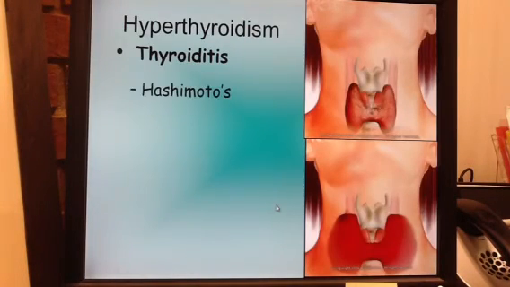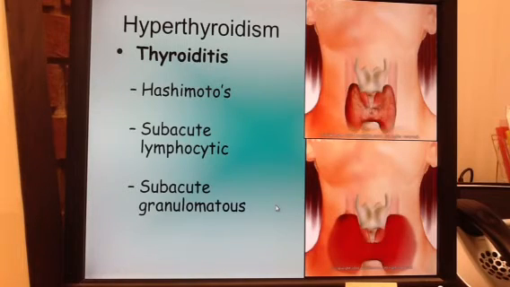Some other causes of hyperthyroidism include thyroiditis. Thyroiditis is any process that causes swelling or inflammation of the thyroid gland. Hashimoto's is a type of thyroiditis.